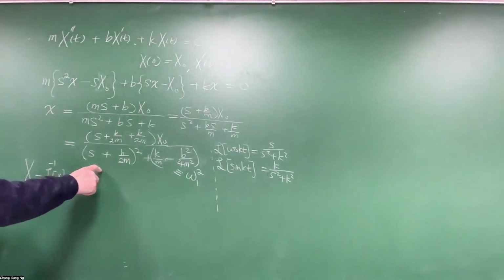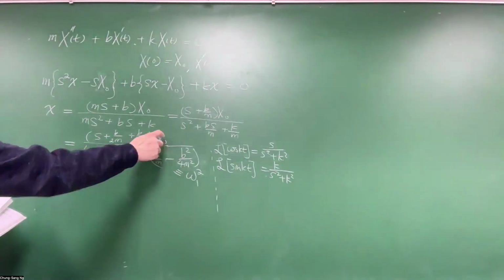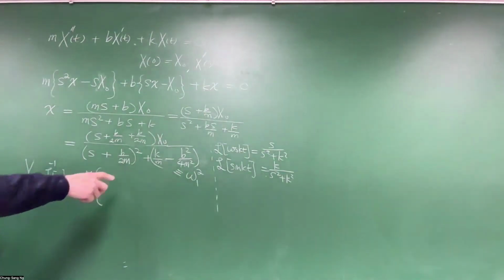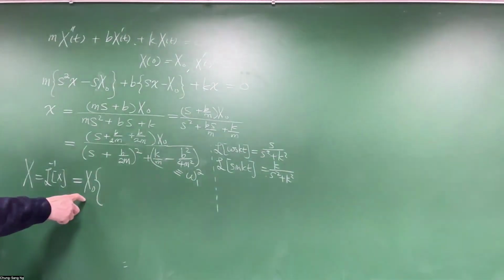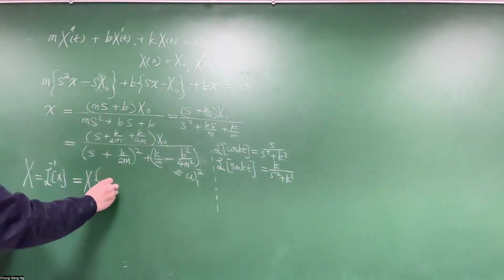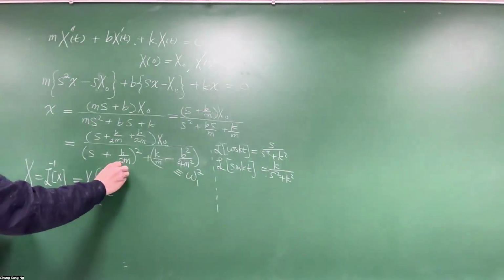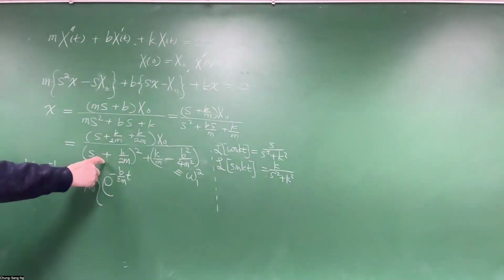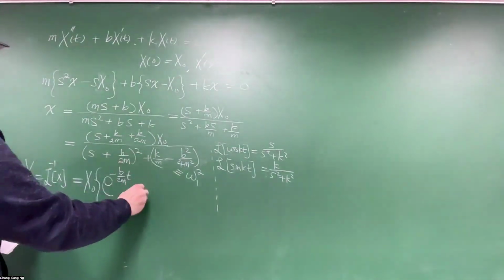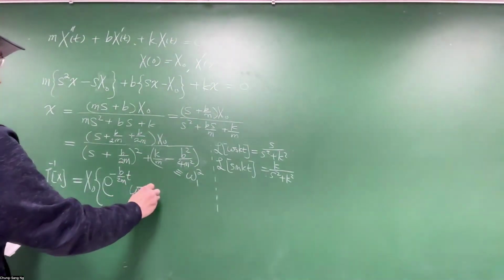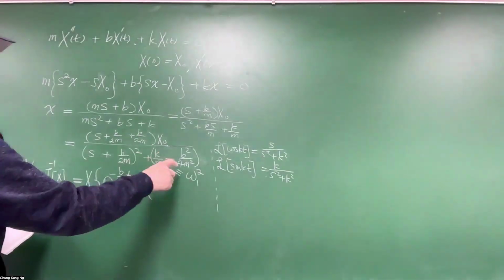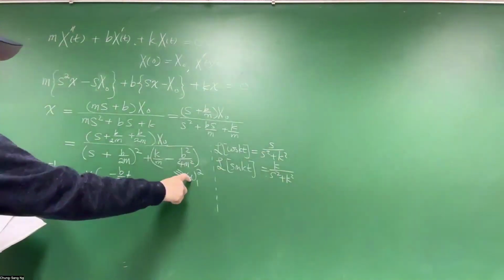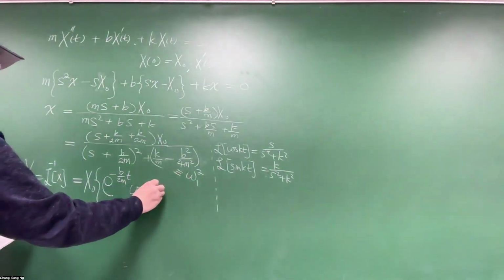Now the first term, the x0 is the overall coefficient in front, so that doesn't involve. And then the first one is just the exponential function minus b over 2m t coming from this shift, right? And then the cosine. And k is this one, because comparing, this is k squared, this is omega 1 squared, so it's omega 1 t.